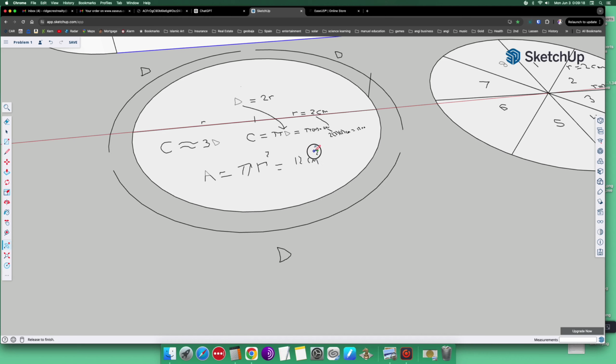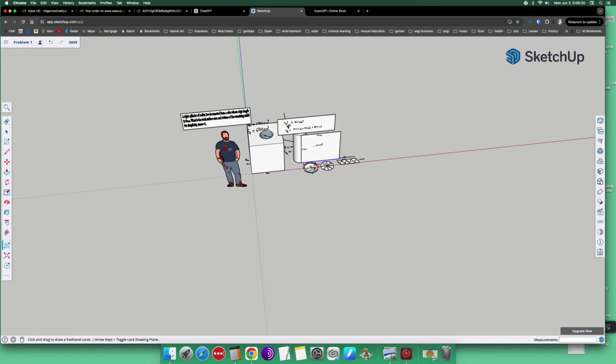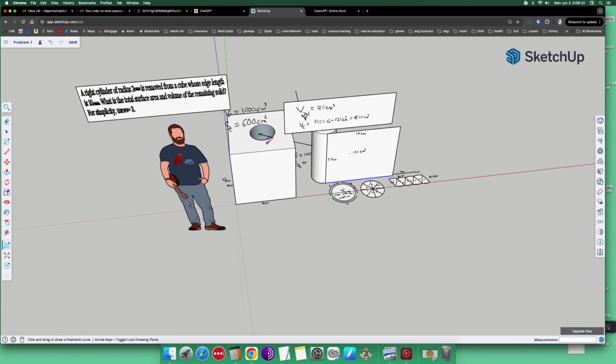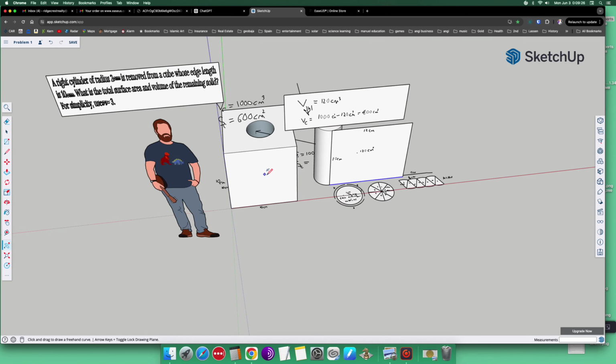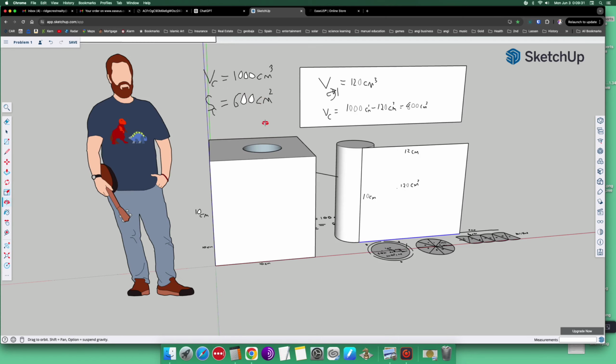Well, remember, we've lost the top and bottom of that. So if I want to talk about how much surface area there is, that finishes our problem, really.